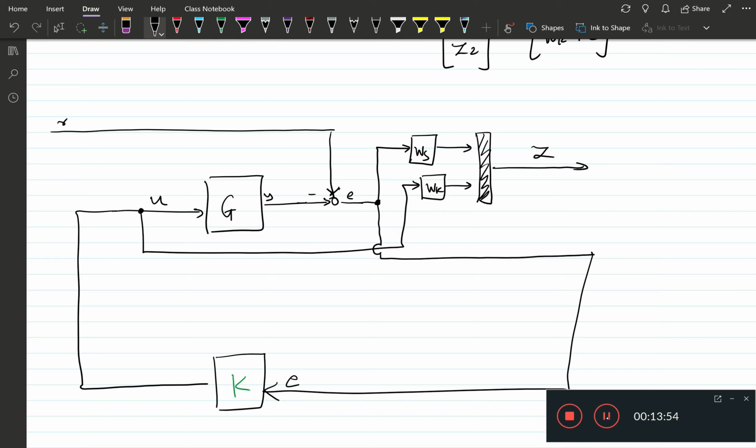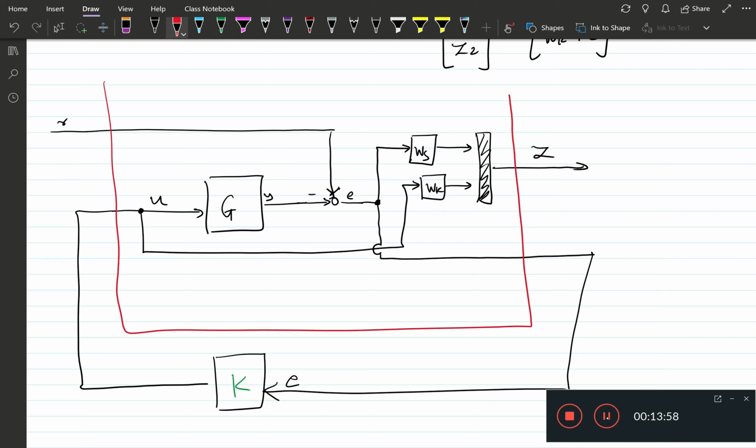E. So now we can draw a block around this guy. So this would be our G generalized plant, and its inputs are R and U. That would be E, that goes to the controller.